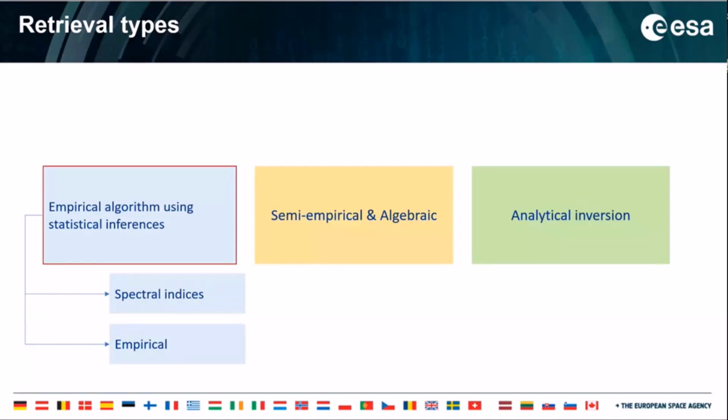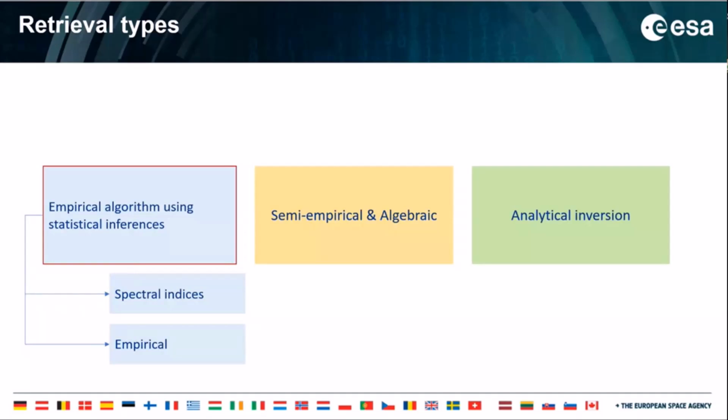You take this spectrum and you fit it to an analytical or semi-analytical model that produces the water quality variables, and so you optimize until you get the best fit. Analytical inversion methods are also similar to semi-empirical, but they have fewer coefficients that need calibration.